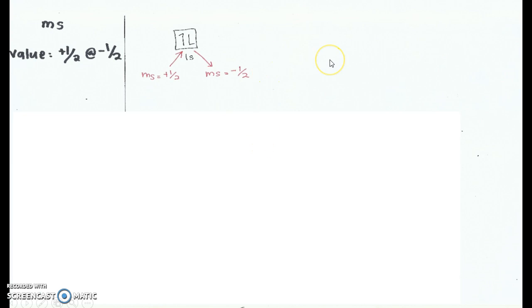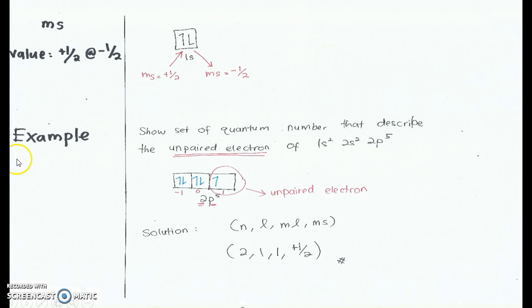Now, let's look at an example. This is the question: show the set of quantum numbers that describe the unpaired electron of 1s2, 2s2, and 2p5. Because the question is asking about the unpaired electron, you just refer to 2p5 by drawing the orbital diagram.